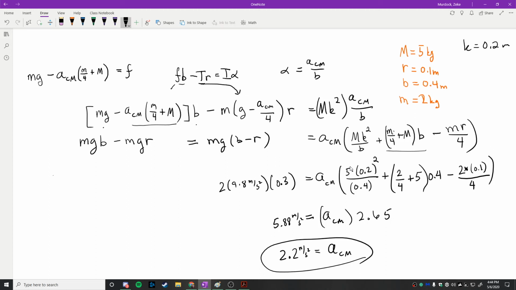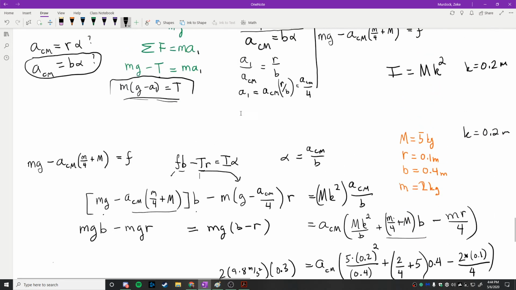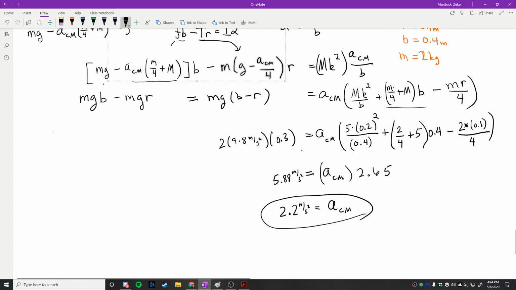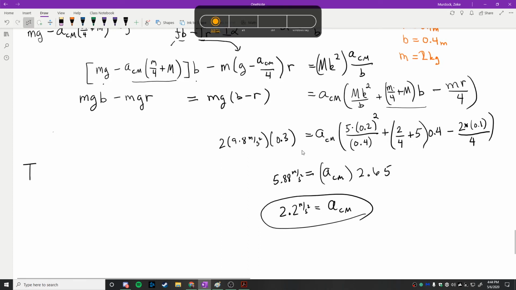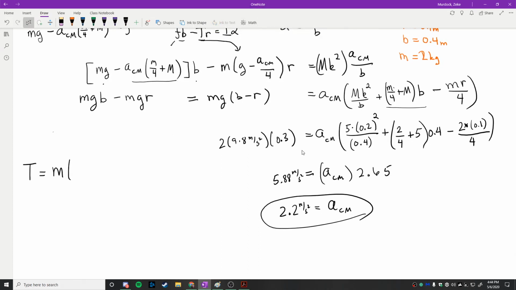The other part of the problem was to solve for tension, and to solve for tension we can use that equation right there. Or really notice here that this was really what the tension was. It's basically mg times ACM over 4. So if we do that for solving for the tension, we would get T is equal to m times g minus ACM over 4. So the tension T is going to be equal to the mass.